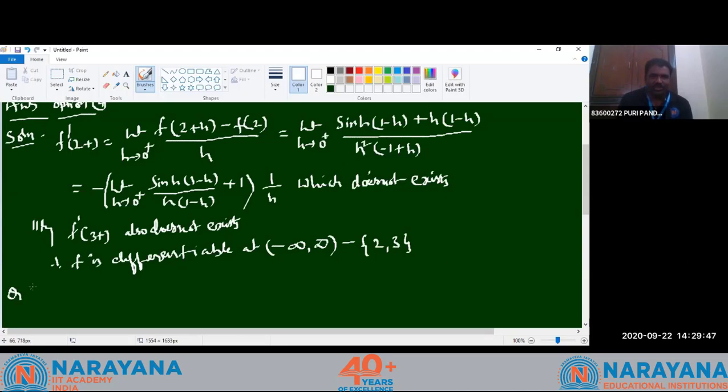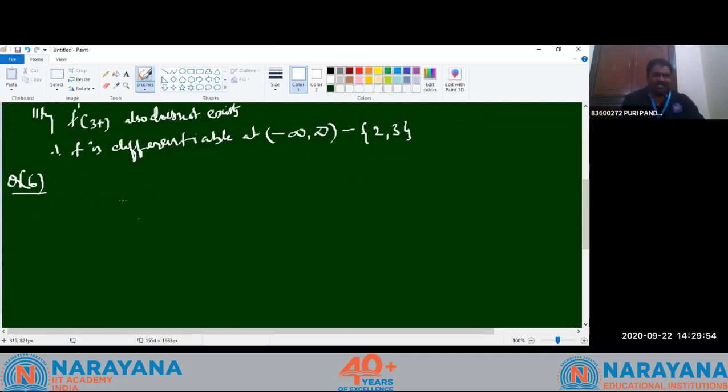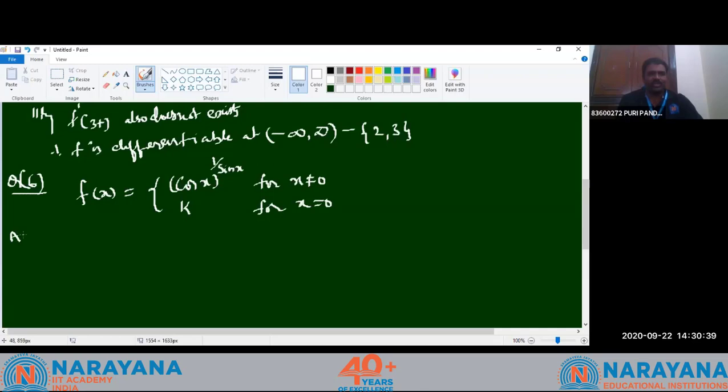Now question number 6. Question number 6 is: if f of x is defined as (cos x) whole power 1 by sin x for x not equal to 0, and k for x equal to 0, then the value of k, so that f is differentiable at x equal to 0, is... Here also options are given.